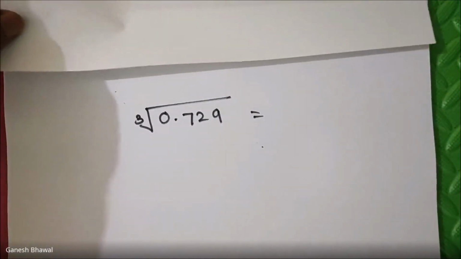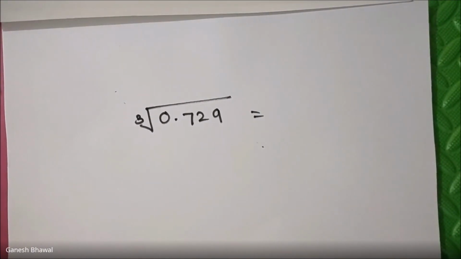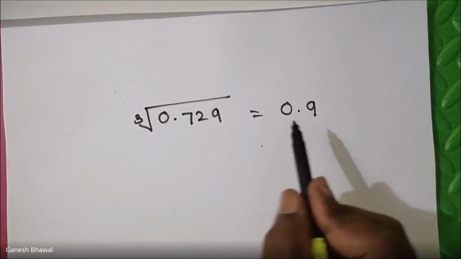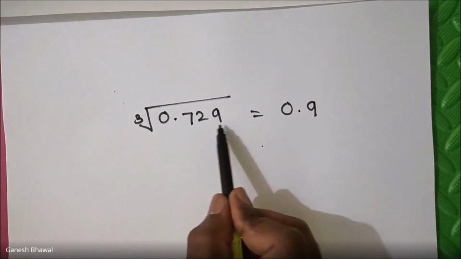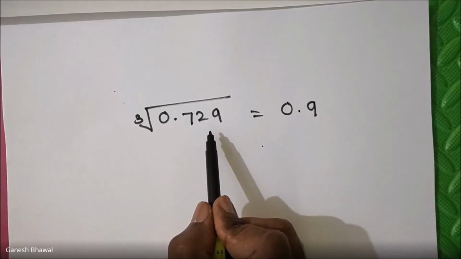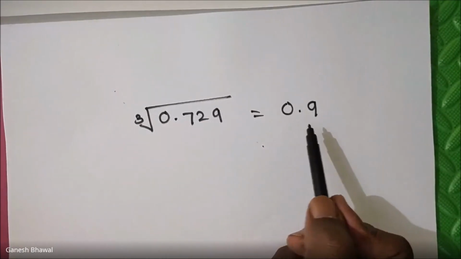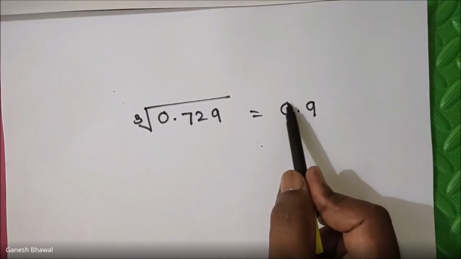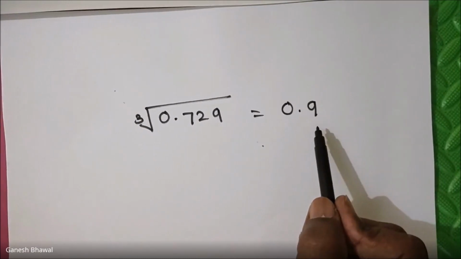What will be the answer? 0.9 is the correct answer. I said you have to see these digits. How many digits are there that you have to see? Because we have to take 3 times your answer.